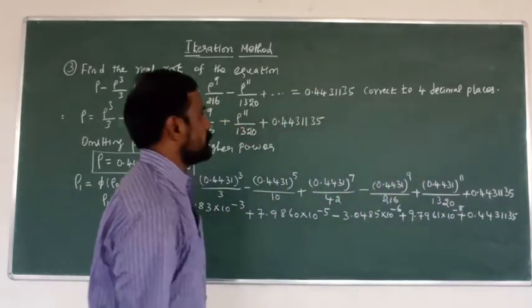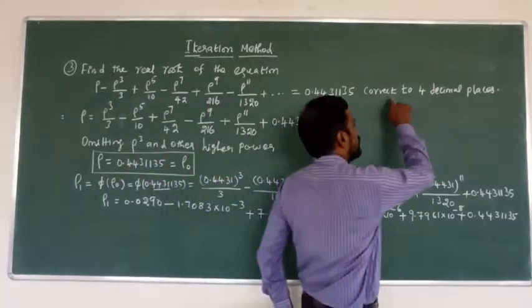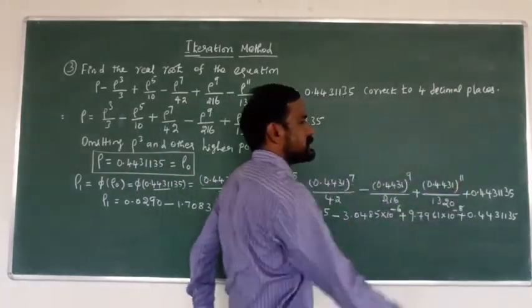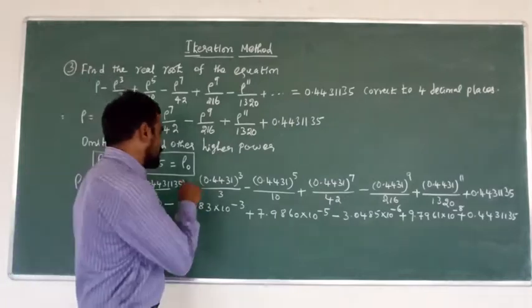In the question, we take 4 decimal places after the decimal point.